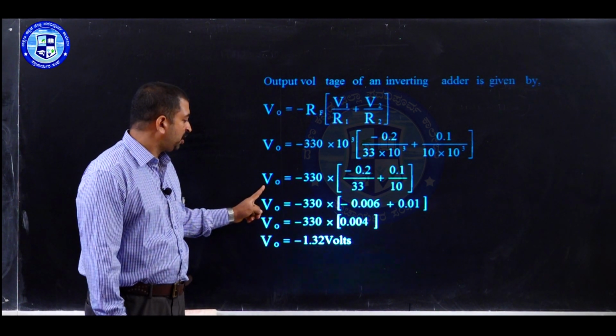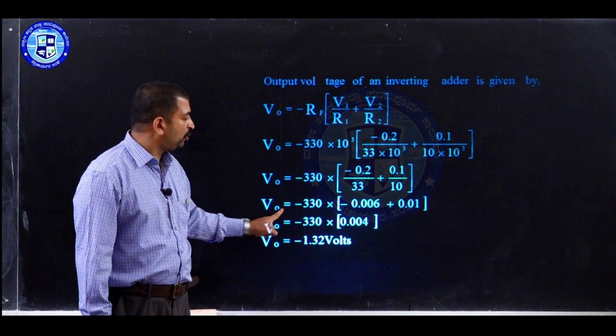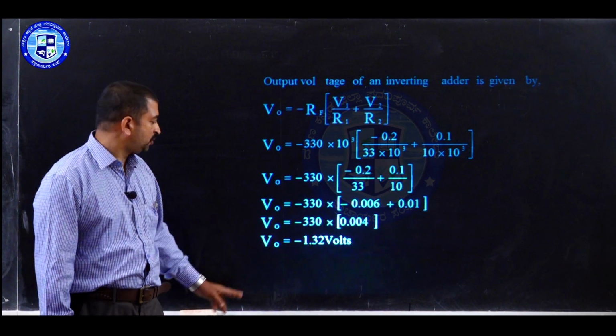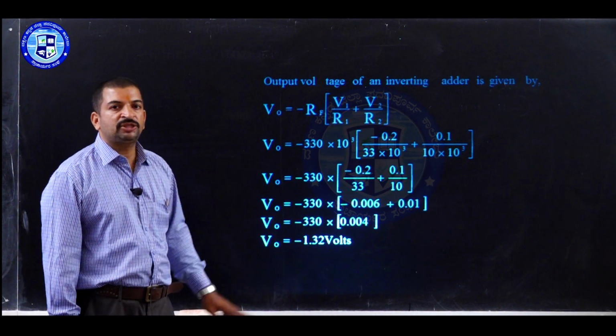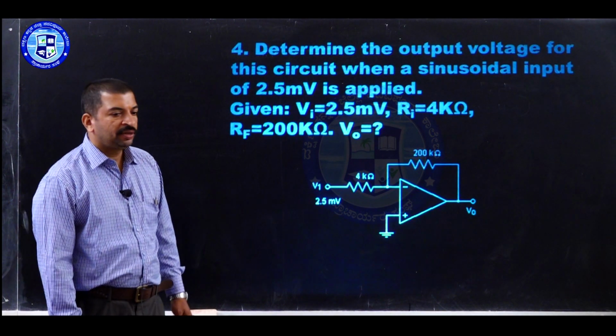So VO is given by minus 330 into minus 0.006 plus 0.01. So VO equal to minus 1.32 volts.